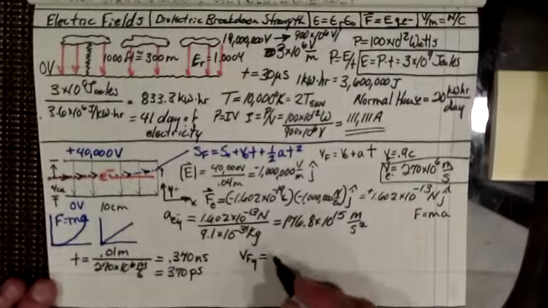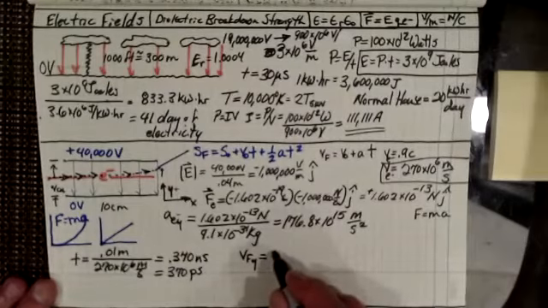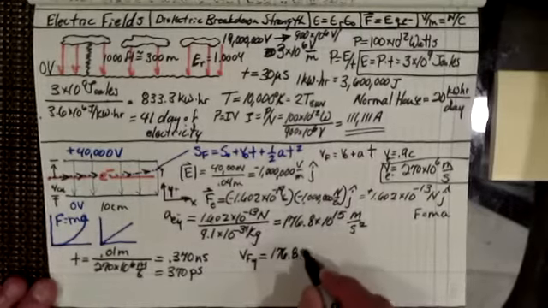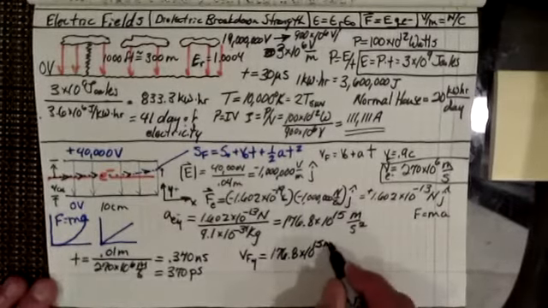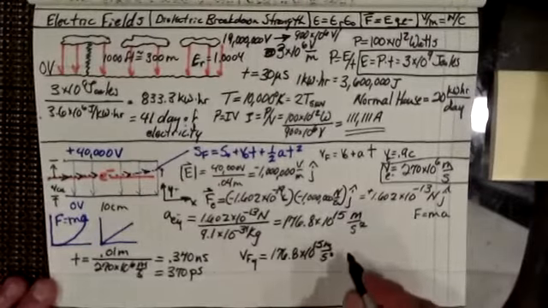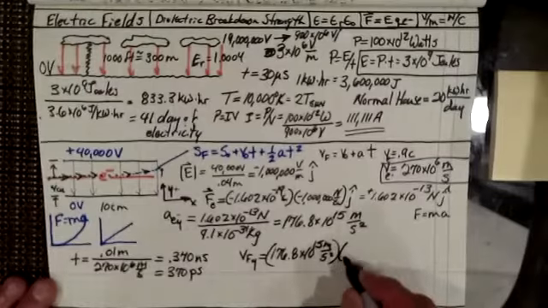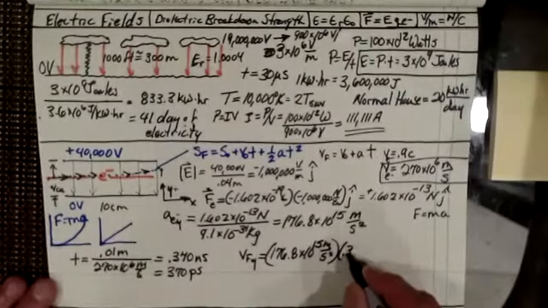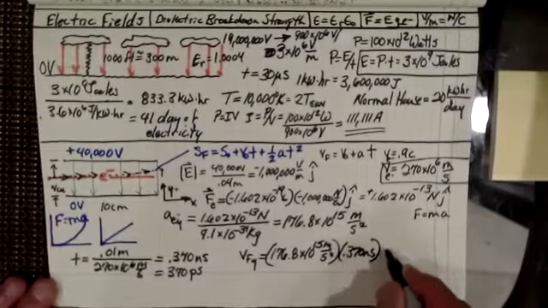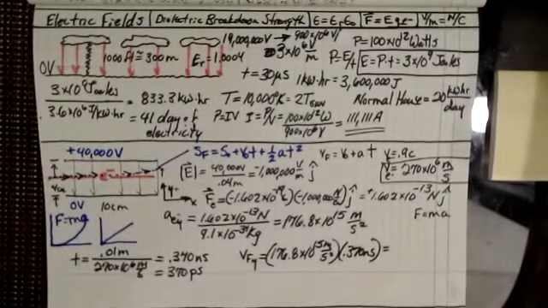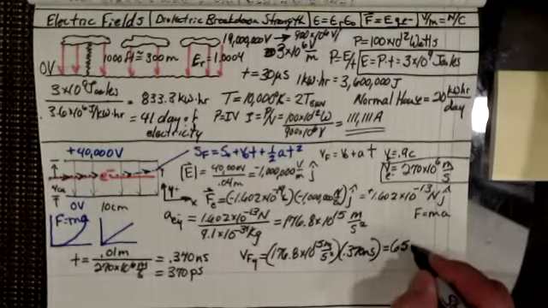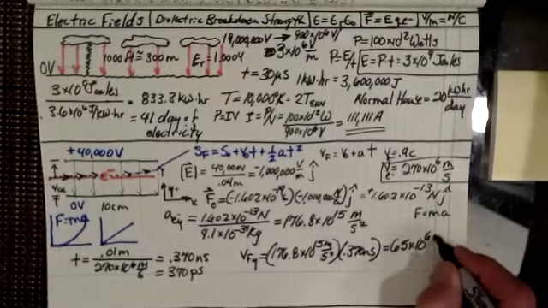My final velocity is just my acceleration in the y direction, 176.8 times 10 to the 15 meters per second squared, times the time I'm in the tunnel, 0.370 nanoseconds. That tells me my final velocity in the y direction is going to be 65 million meters per second.